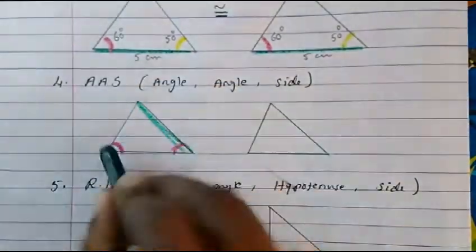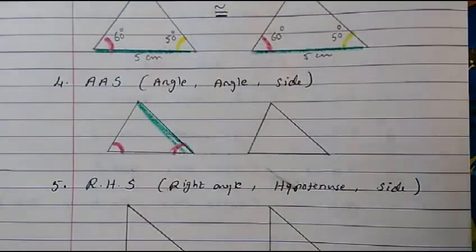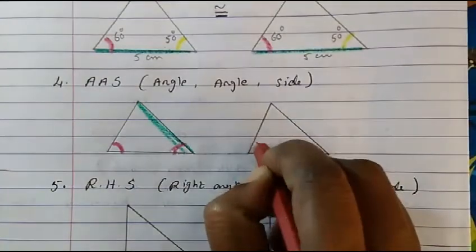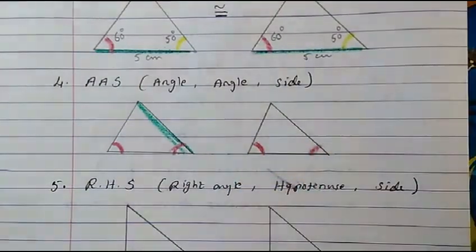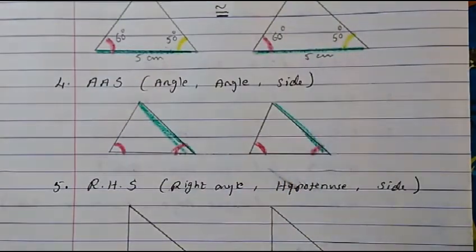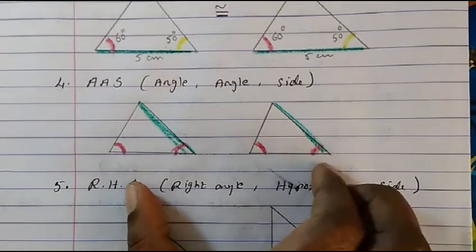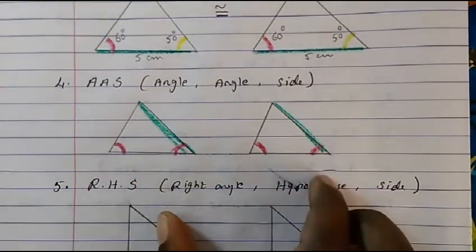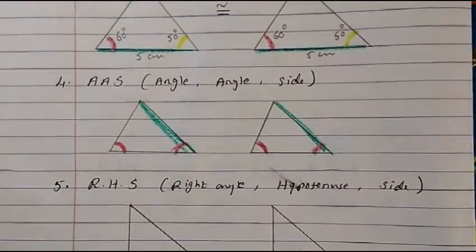So if you find angle, angle, and then side, with no gap, you can say that the condition is fulfilled and therefore both the triangles are congruent.